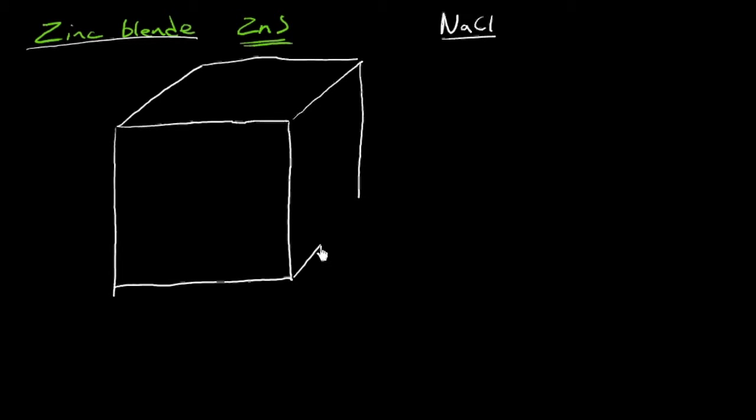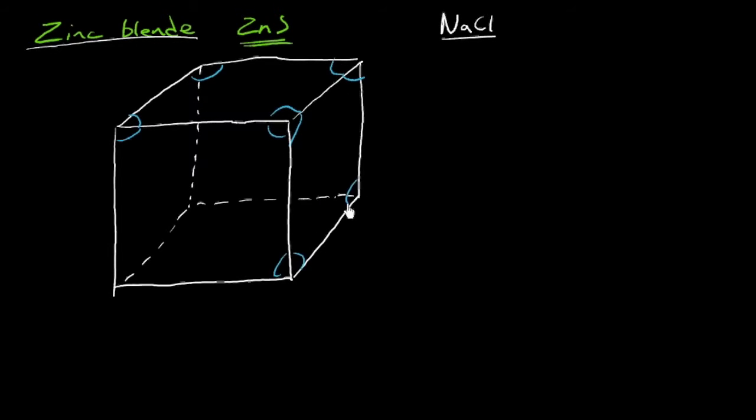And let's look at it. So it's cubic, all right, and so I'm going to draw a cube. What we usually do is position the anions first. They tend to be bigger. They've accepted an electron, so they're a little bit bigger. And we're going to put them into these cubic positions first of all.